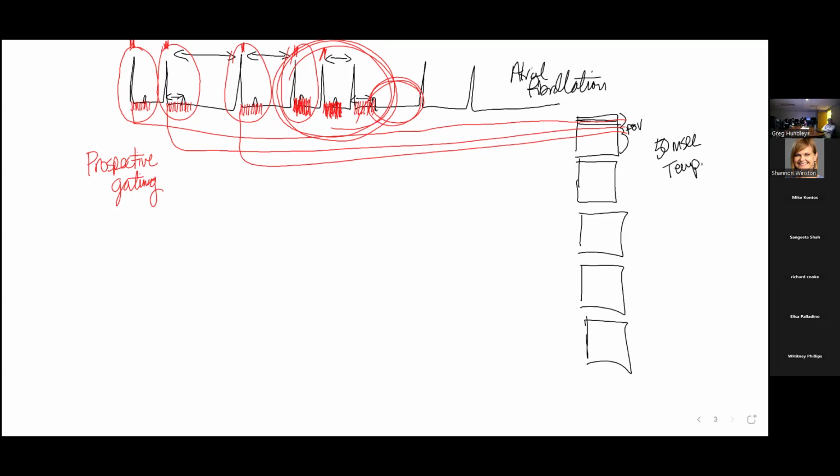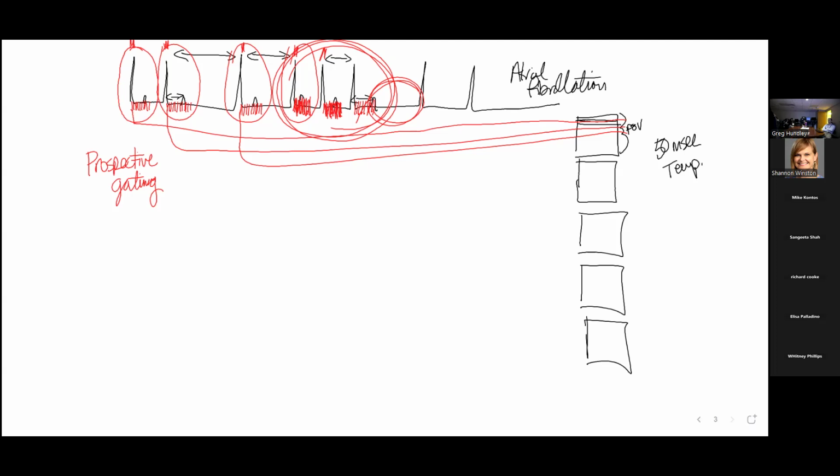Okay? So if we have a regular rhythm, and it's slow or it's fast, but it's regular, we'll go with retrospective gating. If we have an irregular rhythm that's due to atrial fibrillation, we'll switch over to prospective gating.